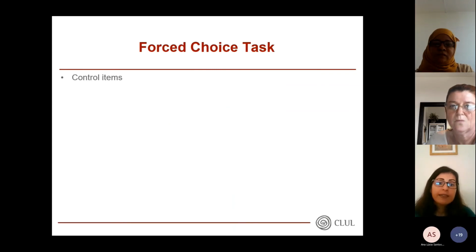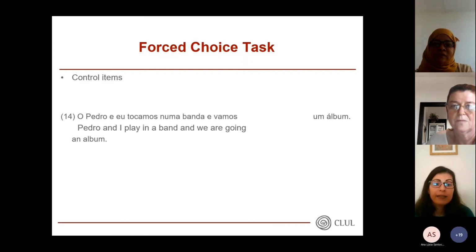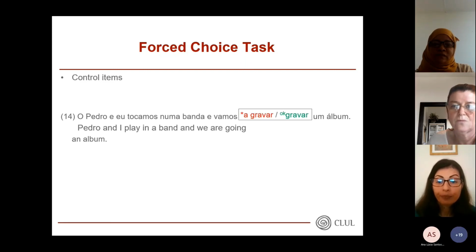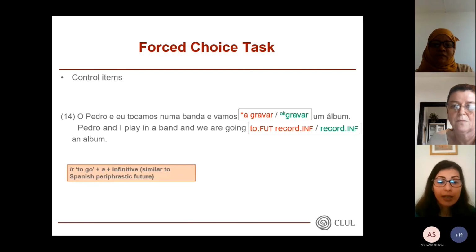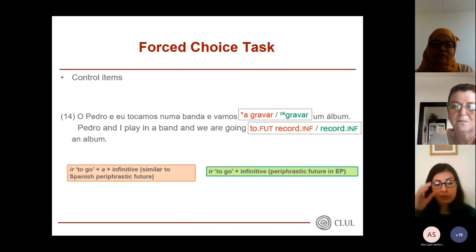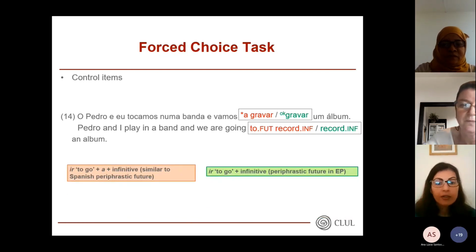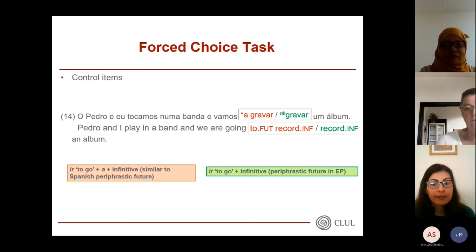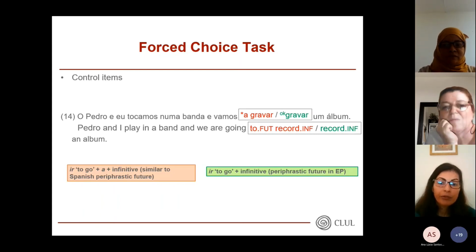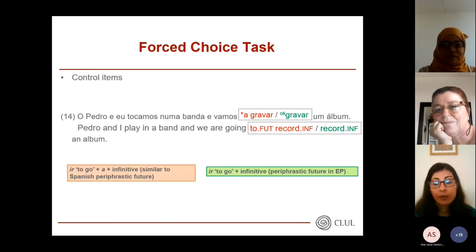Now, finally, in this task, we had some control items that tested the periphrastic feature. So we have here only an example, just to simplify. We had sentences in which the two options that could be chosen were one that has periphrastic features similar to Spanish, that is incorrect in Portuguese.